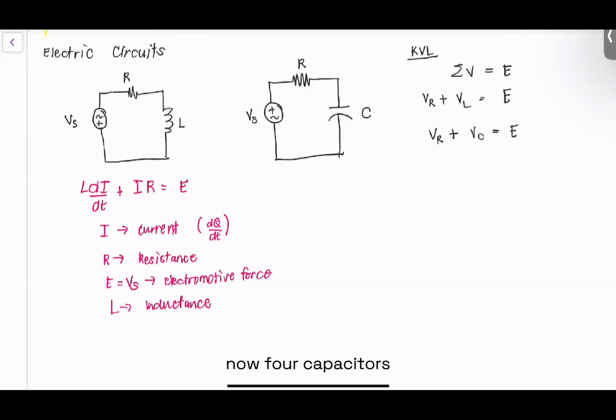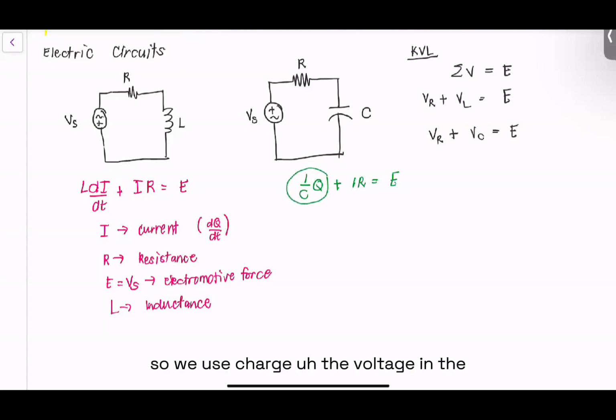Now, for capacitors, the model would be 1 over C Q plus IR equal to E. So we use charge. The voltage in the capacitor is equal to Q over C, which is equal to the integral of I dt.